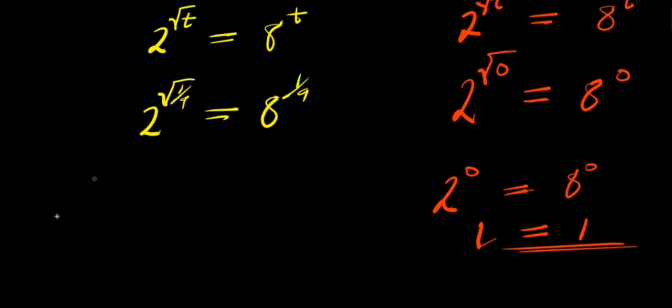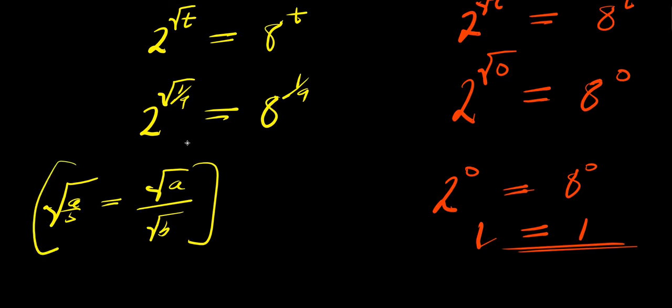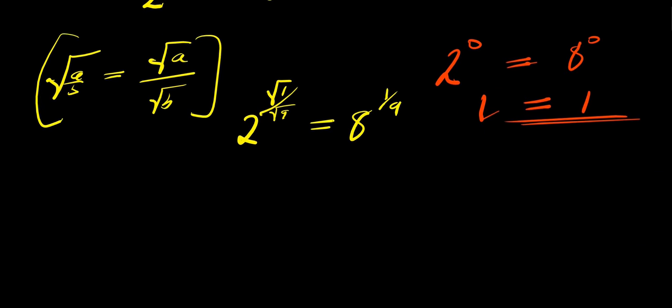Now, if you have square root of a over b, this is just like having square root of a divided by square root of b. So applying that here, we are going to have 2 power square root of 1 divided by square root of 9 equals 8 power 1/9. And from here, I can have 2 power square root of 1 is 1 divided by square root of 9 is 3, and this equals 8 power 1/9.